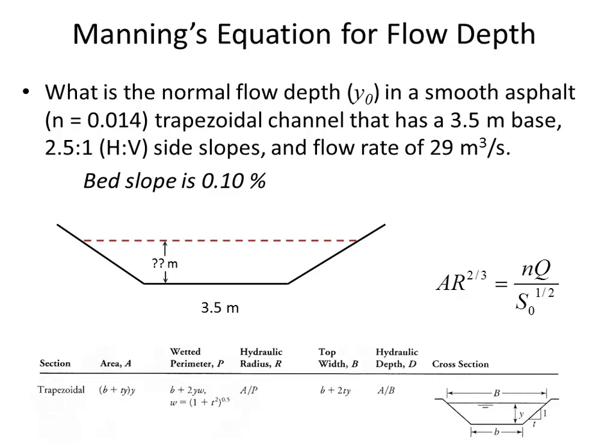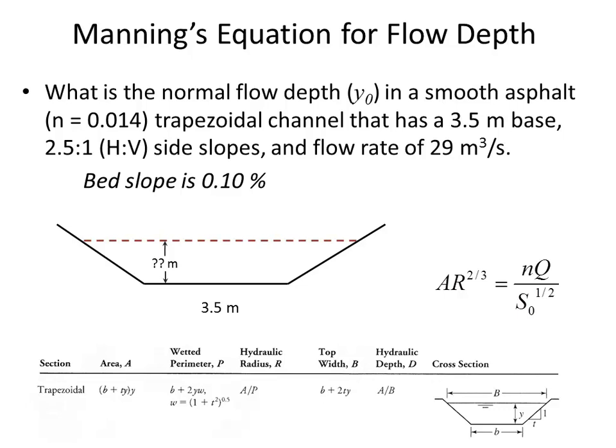Okay, so if we do that, it's 3.5 times Y plus 2.5 Y squared to the 5/3 power, over 3.5 plus 5.385 Y to the 2/3 power. And that's just simply multiplying the 2Y by that factor. And we're taking everything to the 2/3 power.